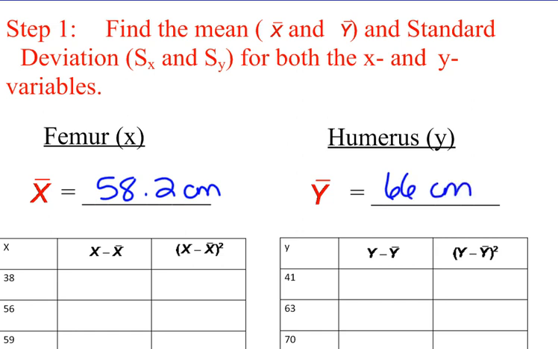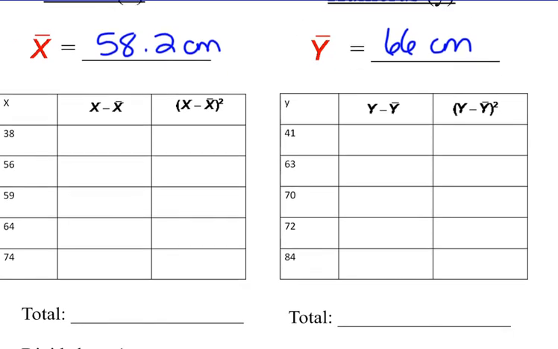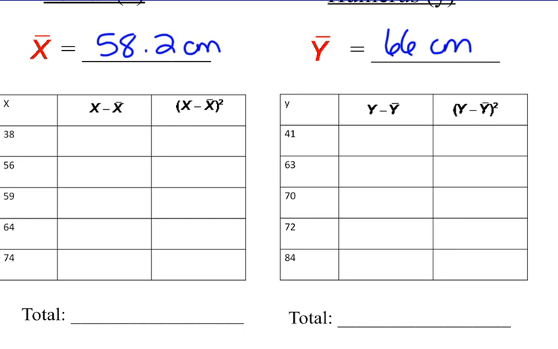So now we need to calculate the standard deviation. In order to calculate the standard deviation, if you remember doing that from your Chapter 13 test, you're going to take your data value minus the mean, 58.2, and then square it. I would like you guys to pause the video and plug in all of those values.